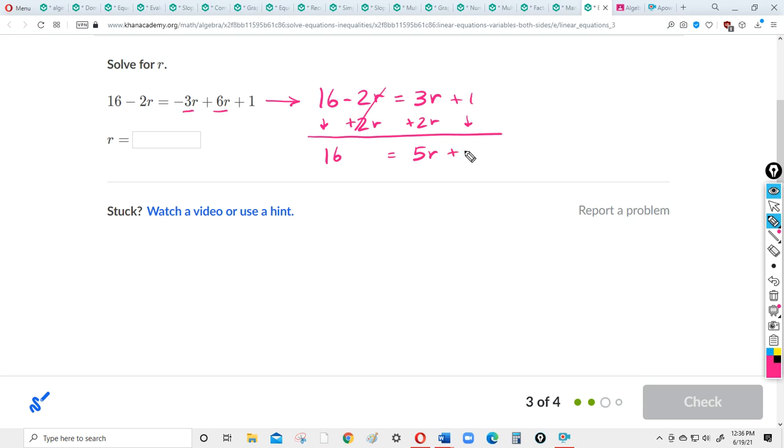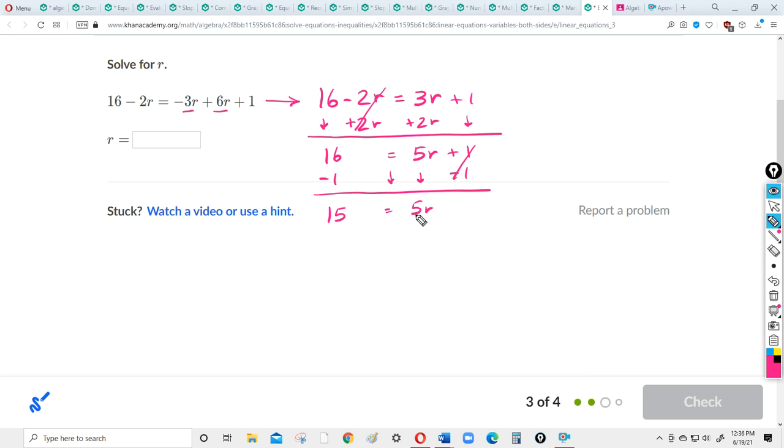And bring down your positive 1. And again, we want letters on one side and numbers on the other. Because I have a positive 1 here, I'm going to do a negative 1 right here. 16 minus 1 is 15. Bring down your equal sign. Bring down your 5r. Positive 1 and negative 1 cancel.